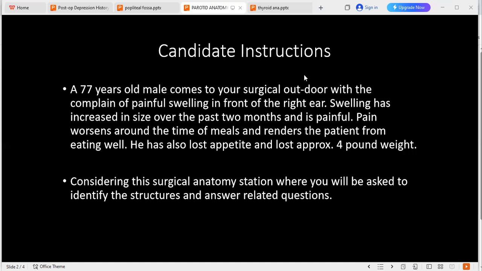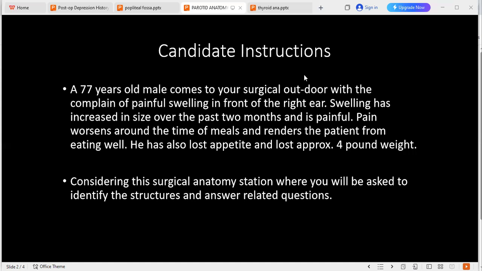If there is swelling of the parotid region, what are the differential diagnoses you'll consider? The most common tumor of the parotid gland is pleomorphic neoplasm, which is benign. Mention the most common thing first.